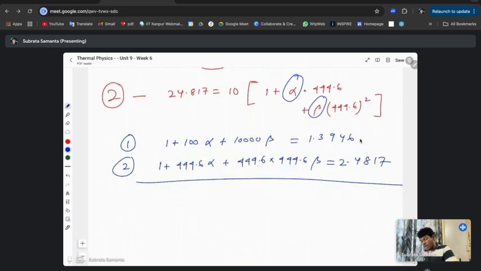Once you solve this, the value of alpha is 4.11 times 10 to the power minus 3 per degree centigrade.